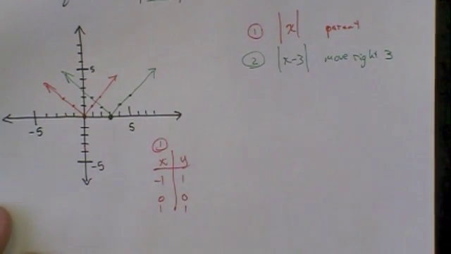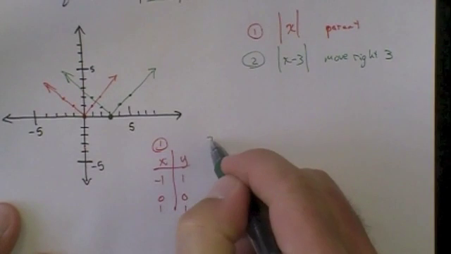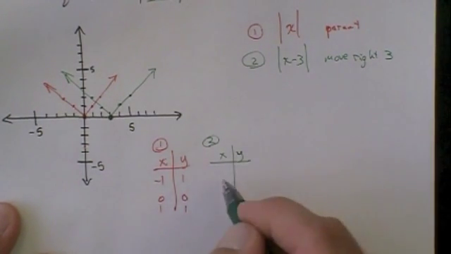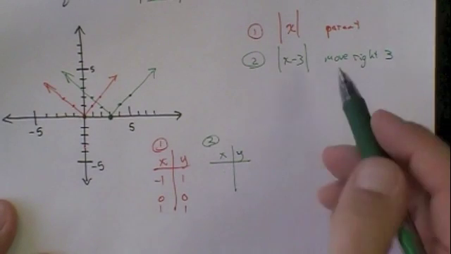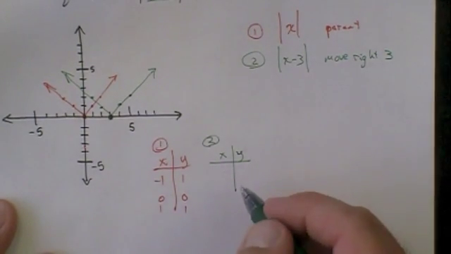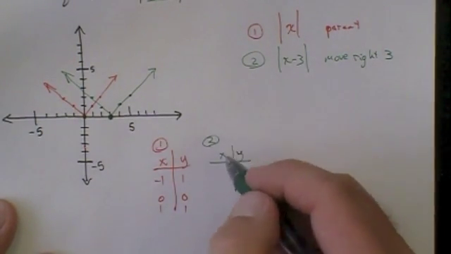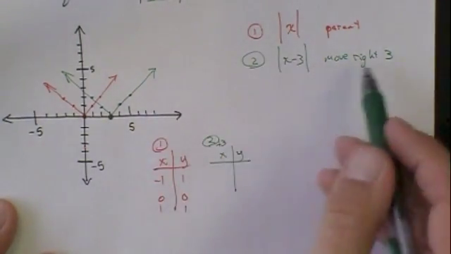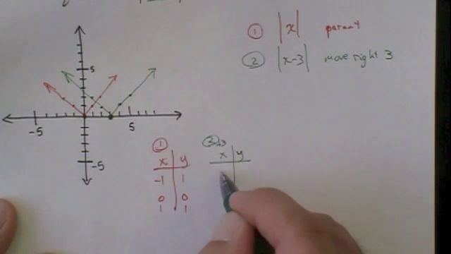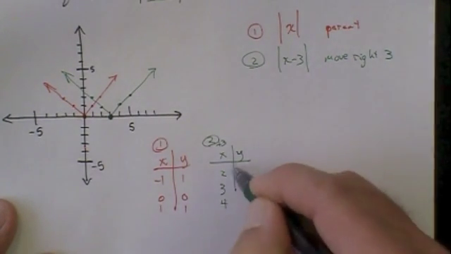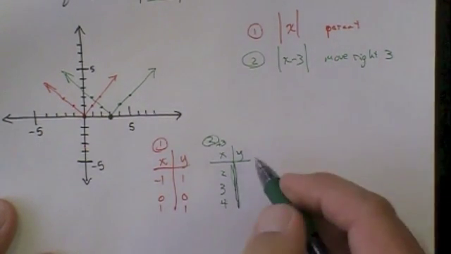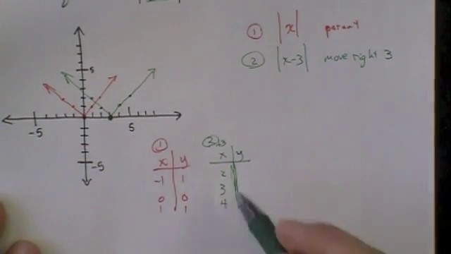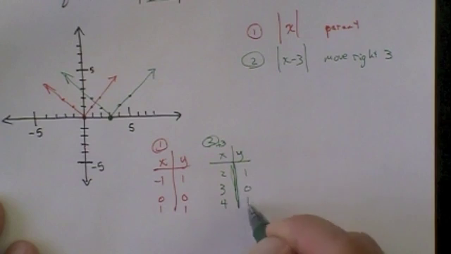So then what happened on step number 2, when we look at this same table, when we have those x values, we're going to keep the y values the same. We're adding 3 to x, that's moving it to the right. So we have our x values of 2, 3, and 4, still giving us those y values of 1, 0, and 1.